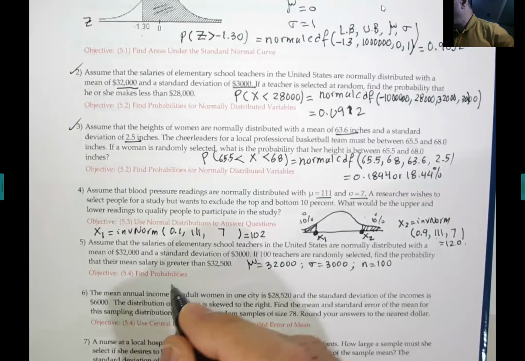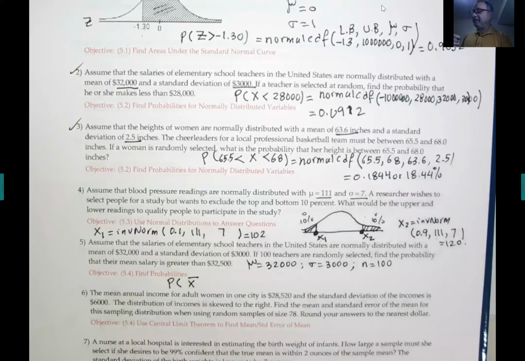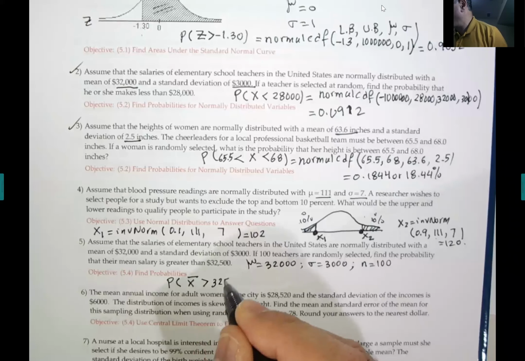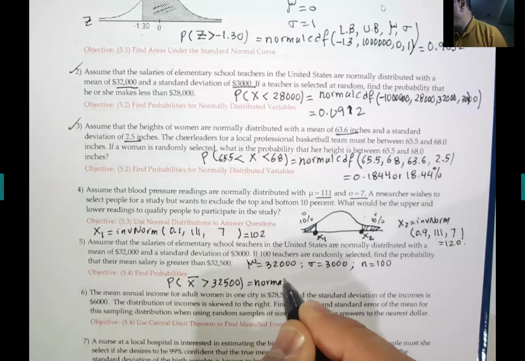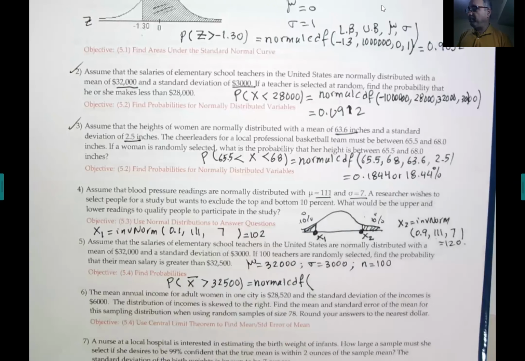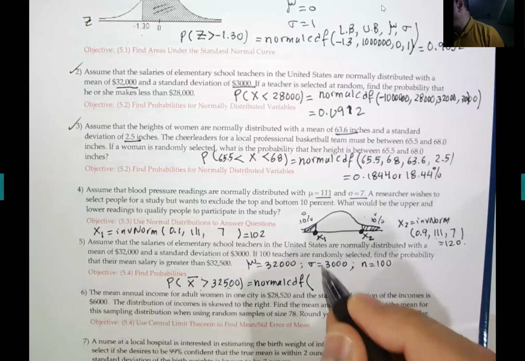So guys, it's not the probability of X here, it's the probability of X bar. He's asking about the sample mean greater than 32,500. Again, it is normal CDF. I need a lower bound. When it is a greater than, guys, your lower bound is this number right here, 32,500.